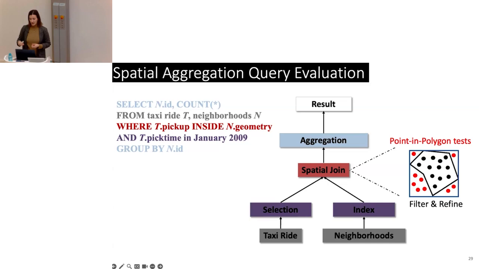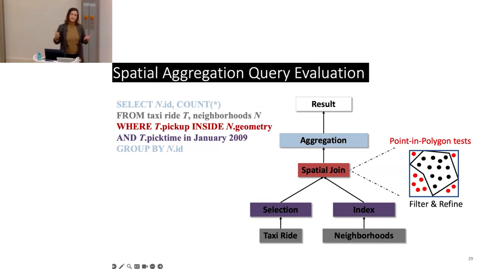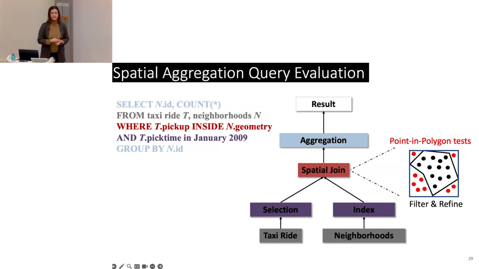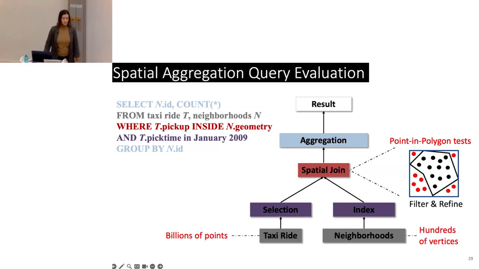where with that we can check if a point lies inside a polygon or not. Now, as I said, these tests have complexity that is linear to the number of vertices of the polygon, and real-world regions are very complex, having in practice hundreds or, as we saw earlier, even thousands of vertices. So these tests are quite expensive.